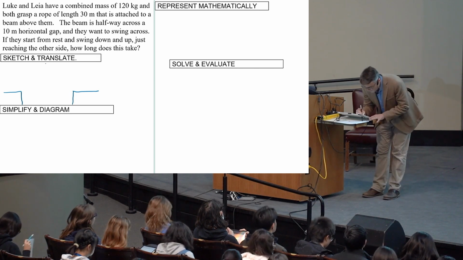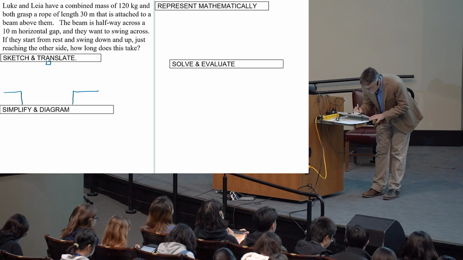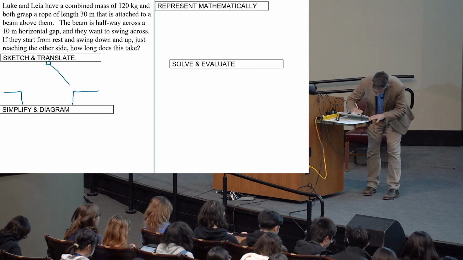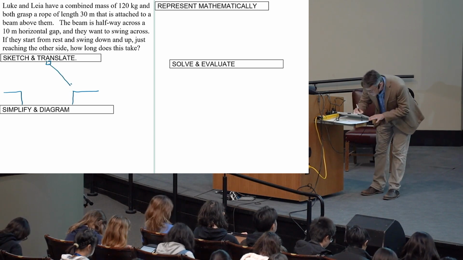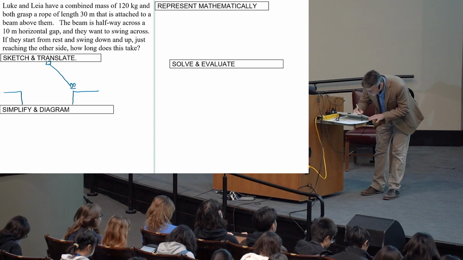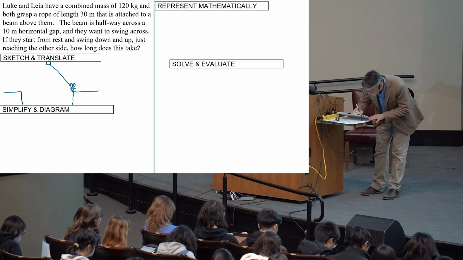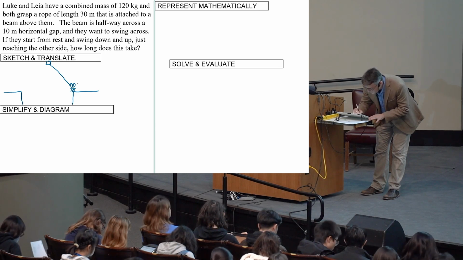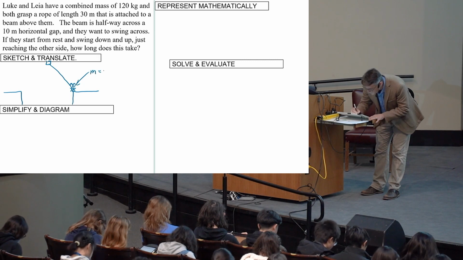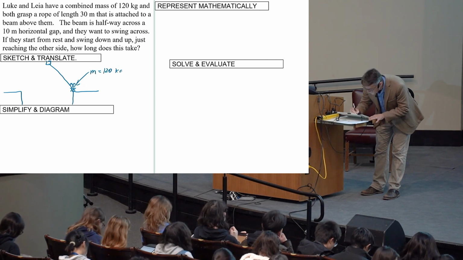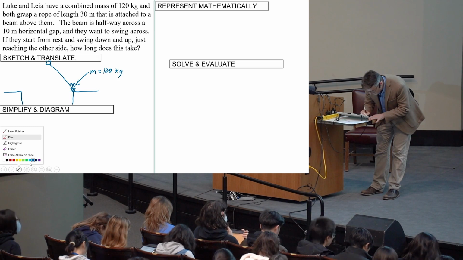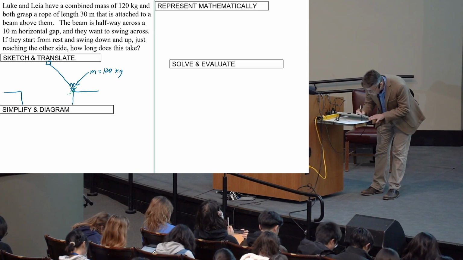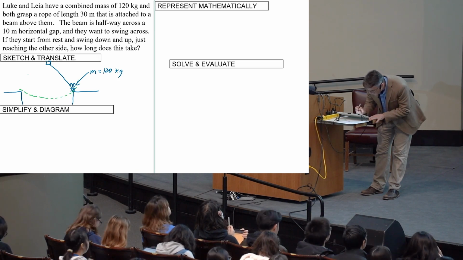If you have a beam and a rope, then there are these people. They're the mass. Mass is 120 kilograms. And they're going to swing in kind of a circular path around like that.